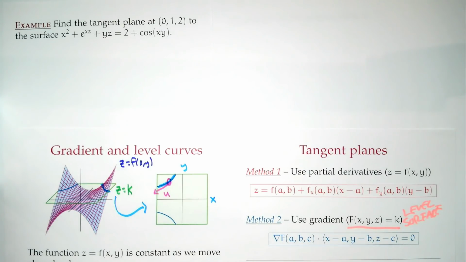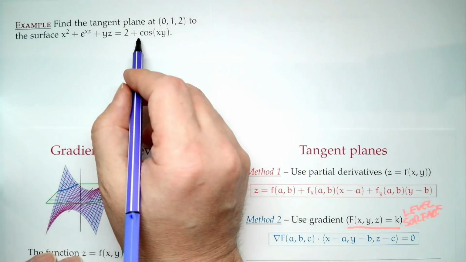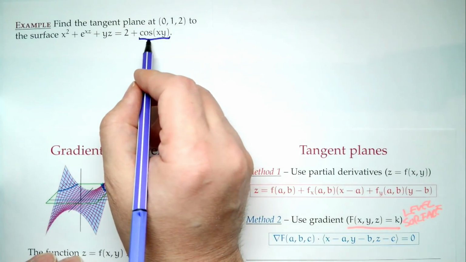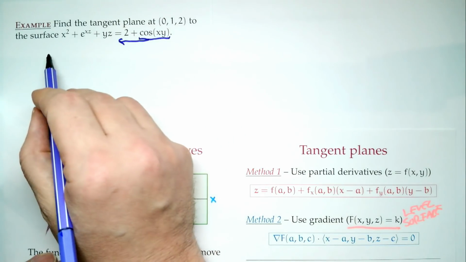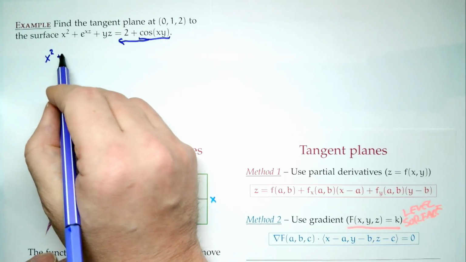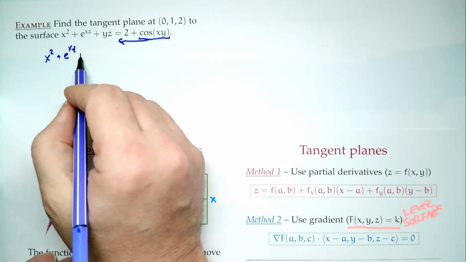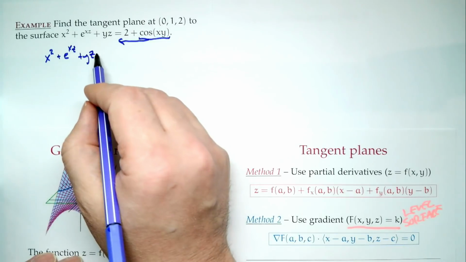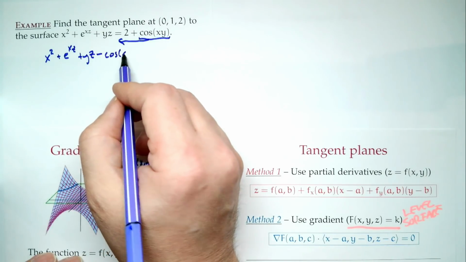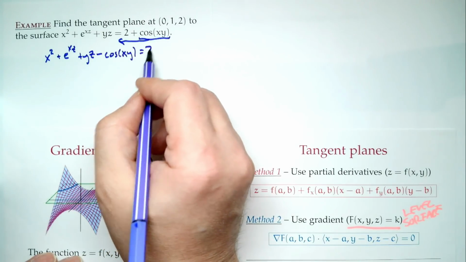Well, what do we need? We need to get a function equals k. We're almost there. We just have to move that across. If we did that, we'd get x squared plus e to the xz plus yz minus cosine of xy equals 2.